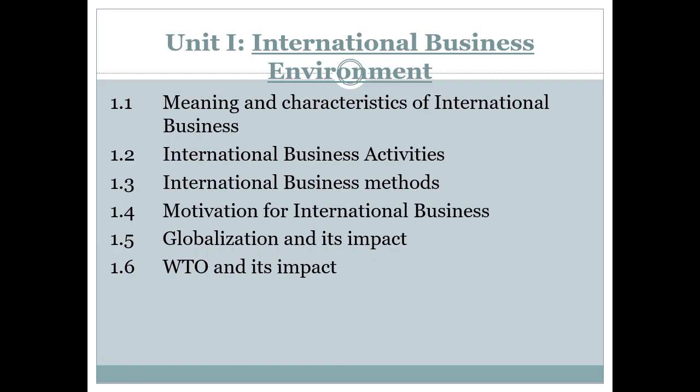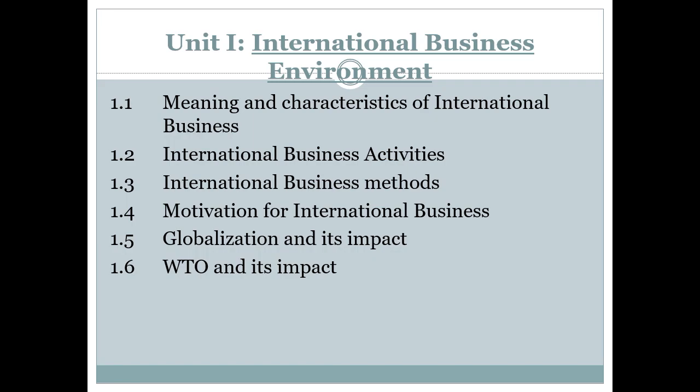Unit number 1 is titled international business environment. As the title suggests, it is the environment for international business, whether it affects, stimulates, strengthens, or poses certain challenges before the businessman.